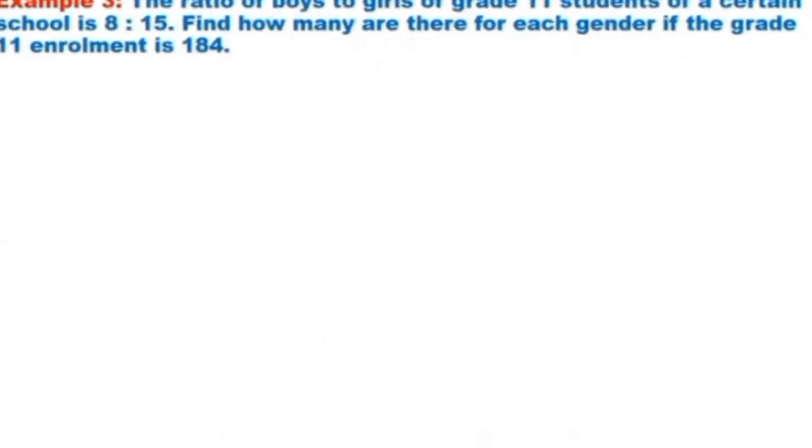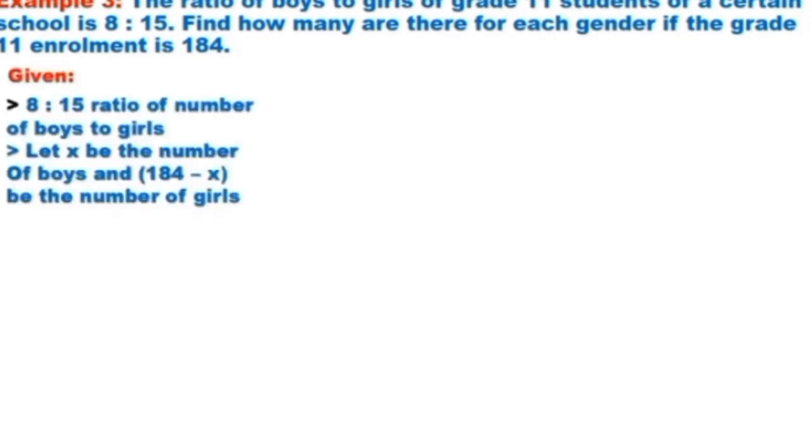Next, problem number 3. The ratio of boys to girls of grade 11 students of a certain school is 8:15. Find how many there are for each gender if the grade 11 enrollment is 184. The givens are 8:15, the ratio of number of boys to girls. Let X be the number of boys and 184 minus X be the number of girls.